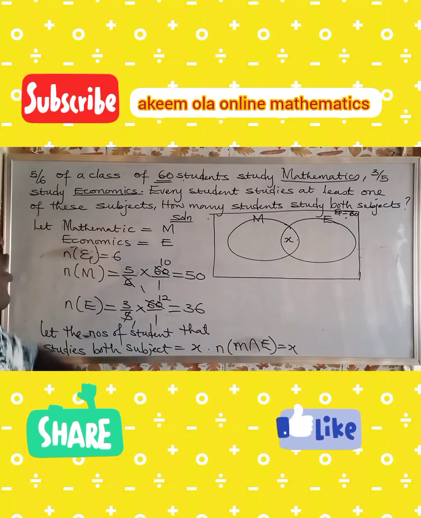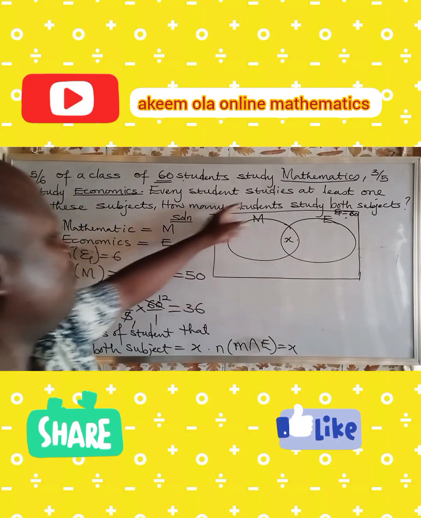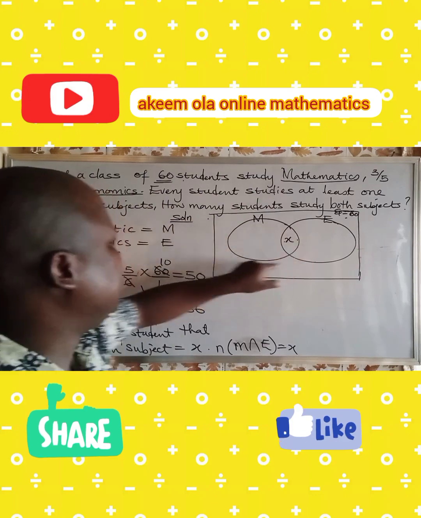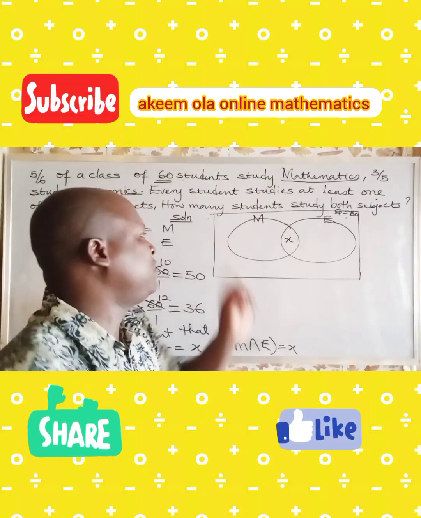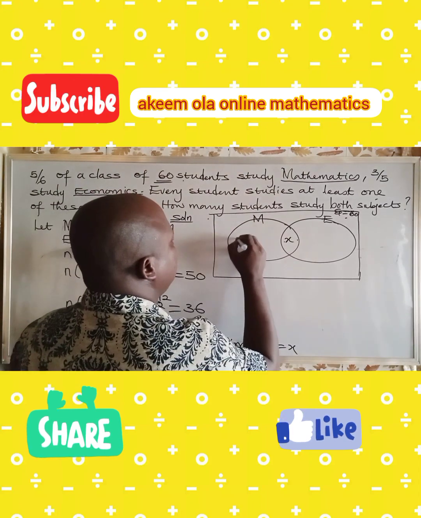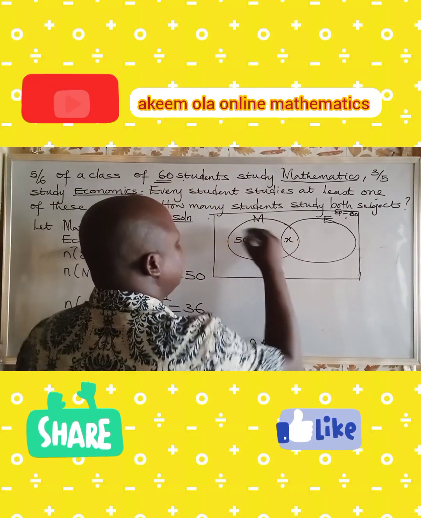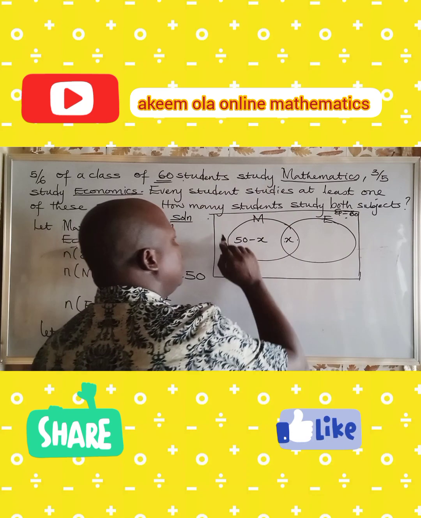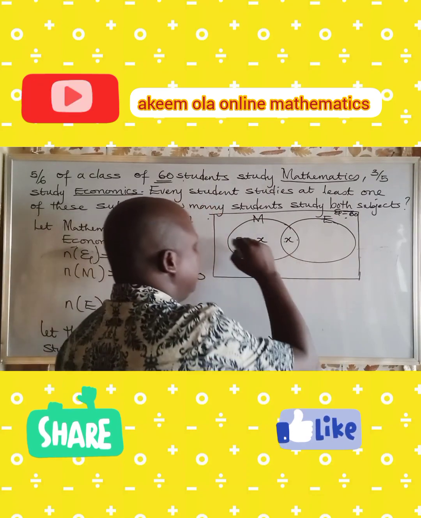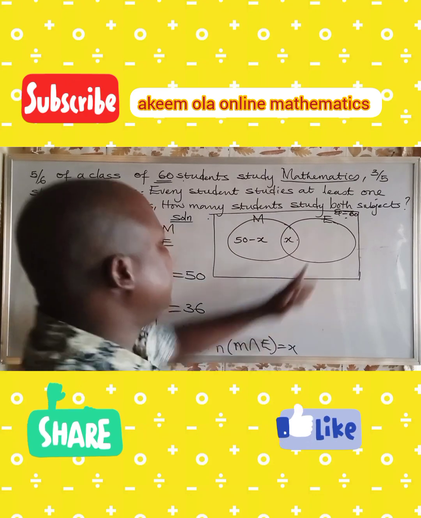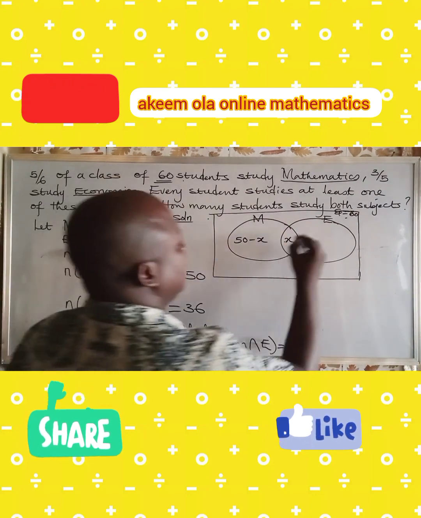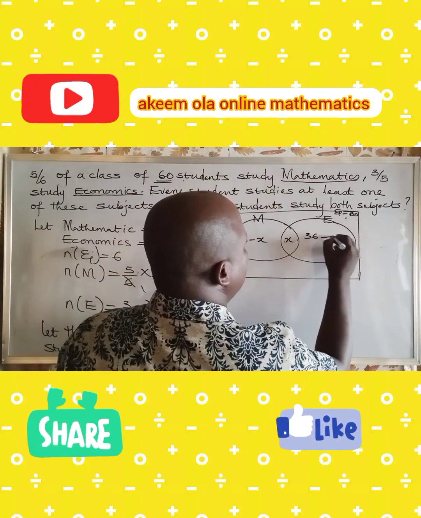How many students study mathematics? The number of students that study mathematics is this circle, and that circle is 50. Then mathematics only will be 50 minus x. The whole of this circle is 50, and this small portion is x. That means mathematics only will be 50 minus x. Then E only will be 36 minus x.